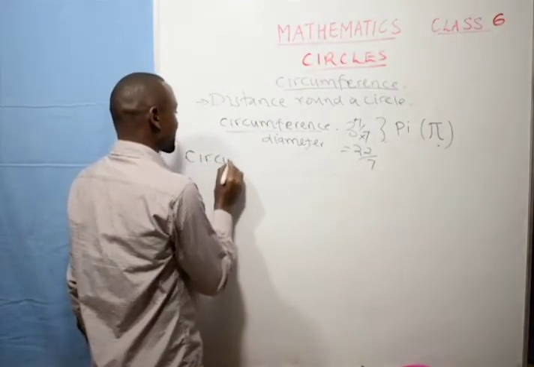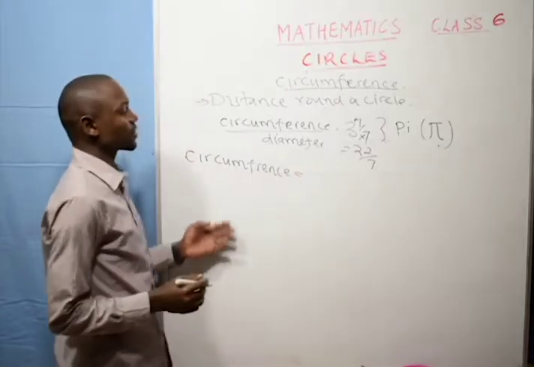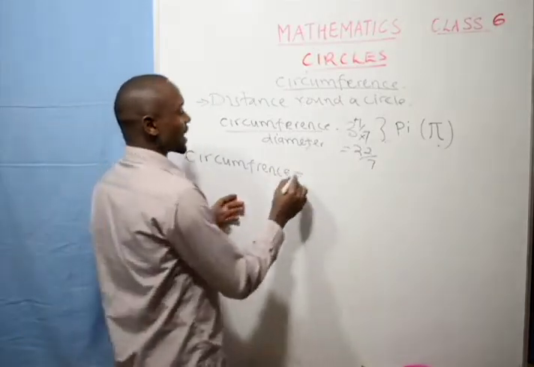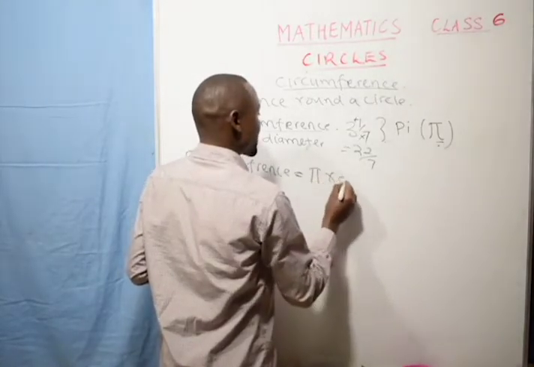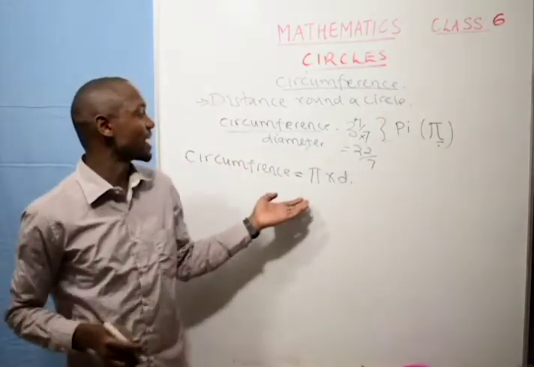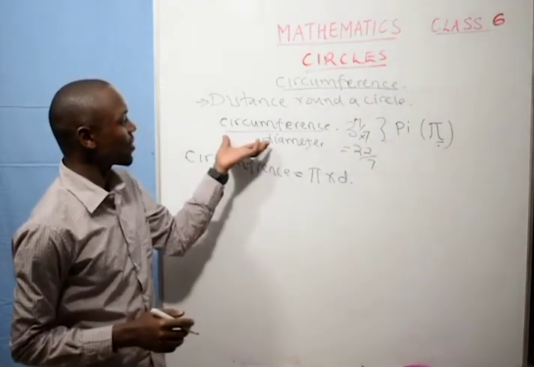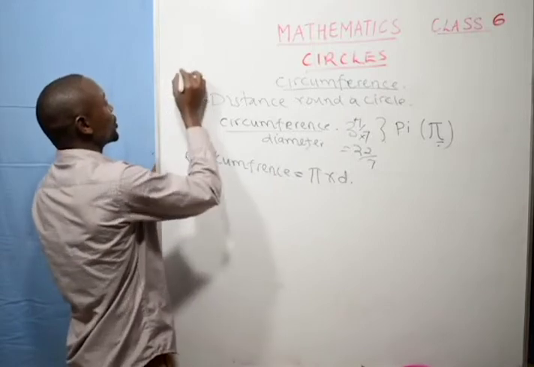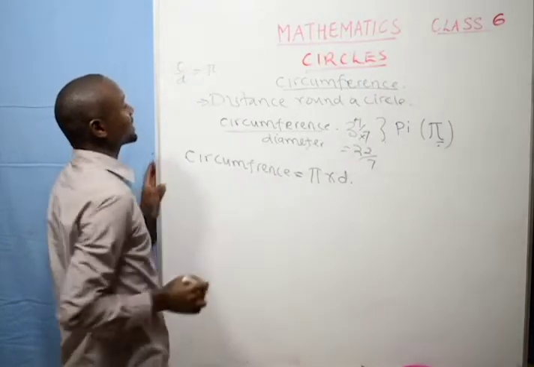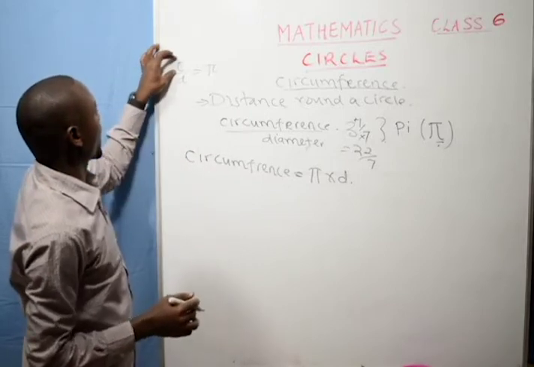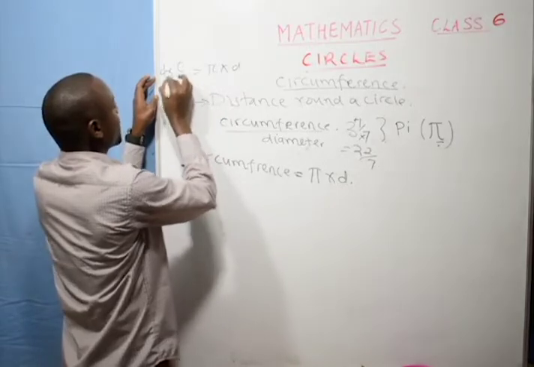So when calculating the circumference of a circle, we say circumference of a circle is given by pi times the diameter. Because I said the ratio of circumference to diameter will give us pi, when we want to get the circumference, we multiply by d, diameter, on both sides.